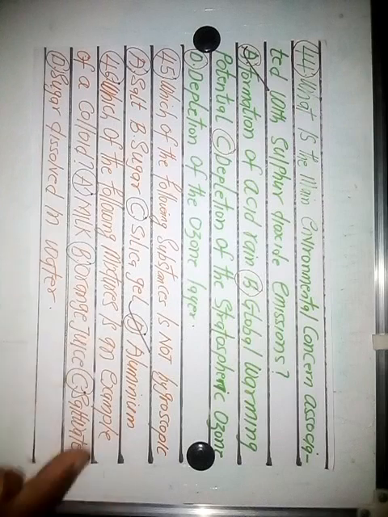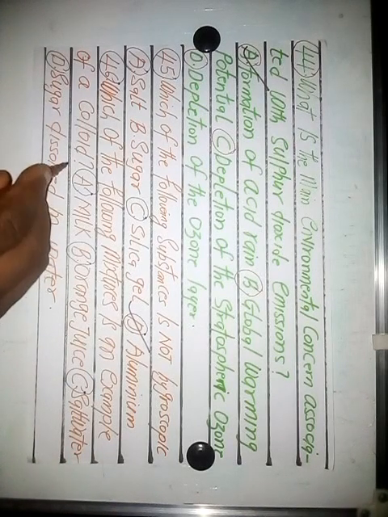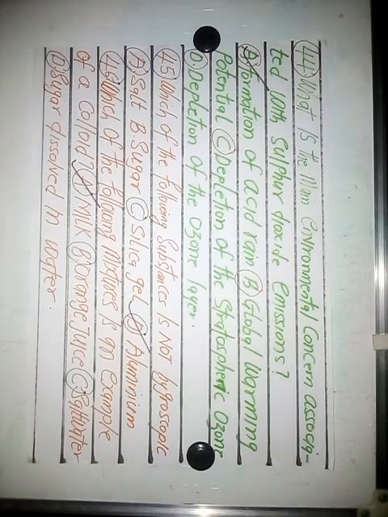So the example of a colloid here has to be milk. If you leave milk for some time, it's not going to settle out, unlike the rest. So your answer is milk. Milk is an example of colloid.